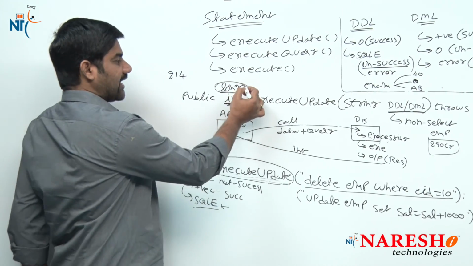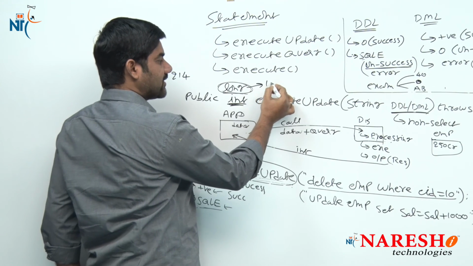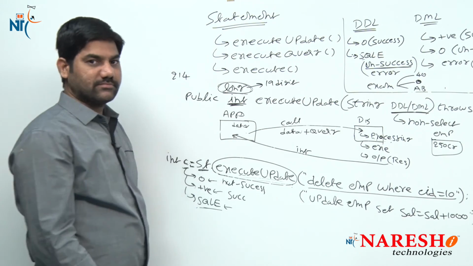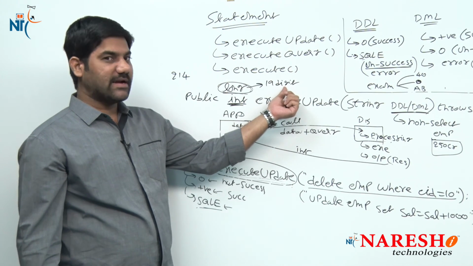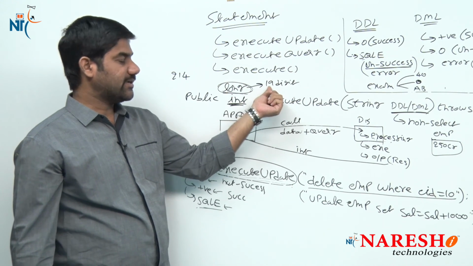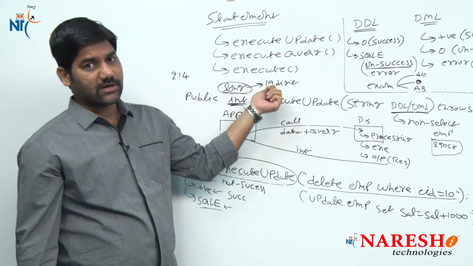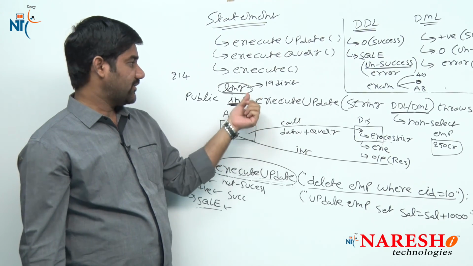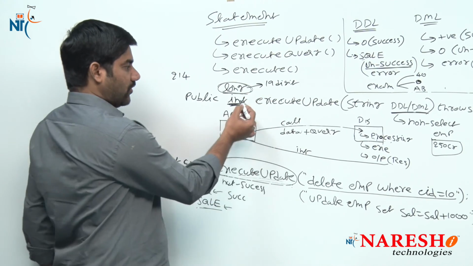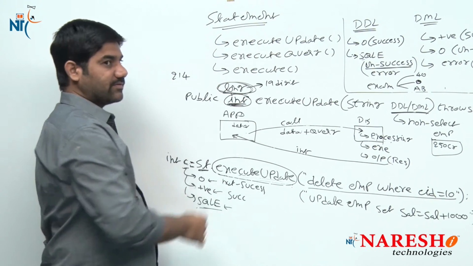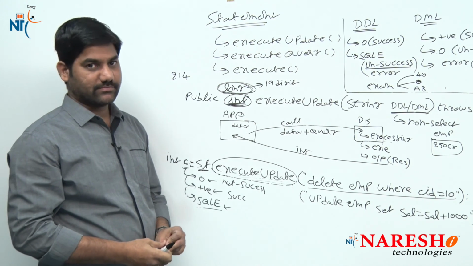Reason: in the Java language, the long data type range is almost equivalent to 19 digits, either positive or negative. So 250 crores is a small value compared to 19 digits. Easily we can handle it. Old versions use integer, new versions use long, handling any range of values.